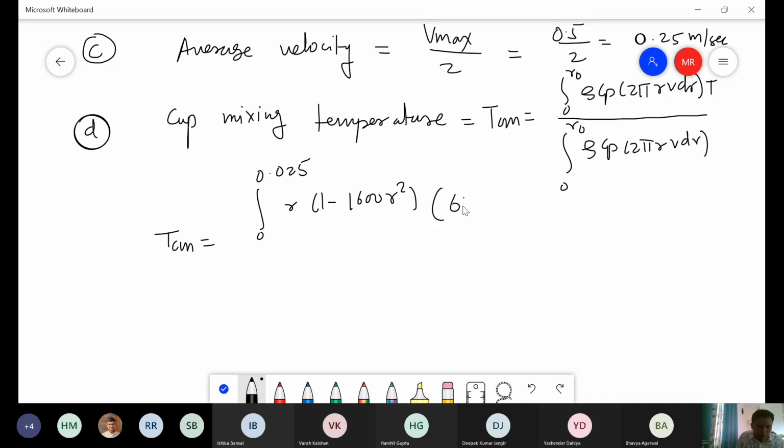And here again multiplied by 60 plus 1.728 into 10 raised to the power 5 R square minus 3.072 into 10 raised to the power 6 R cube, dr. There was the factor of 0.5 also for V, but it would get cancelled out.